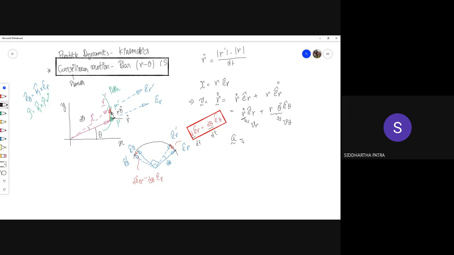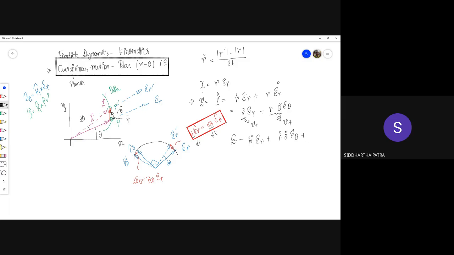For the acceleration, I'll have to take the derivative of all the different quantities that are there: r dot, er, r theta dot, and e theta. Let's take the first term. From the first term we have r double dot er, and then we have r dot times the derivative of er, which is theta dot e theta.